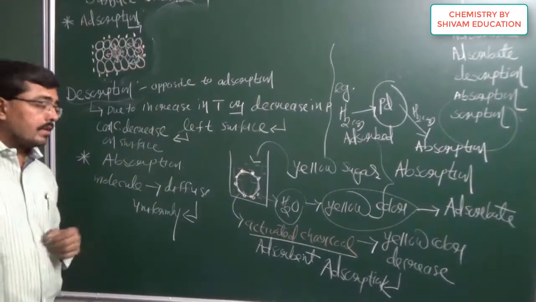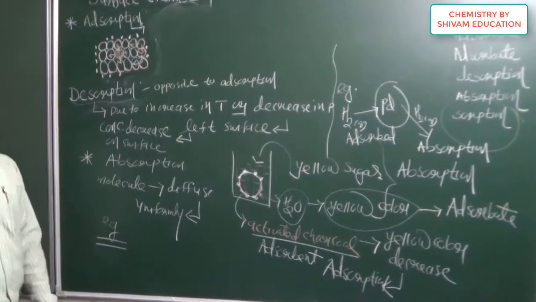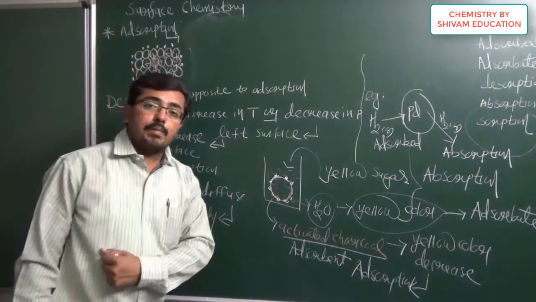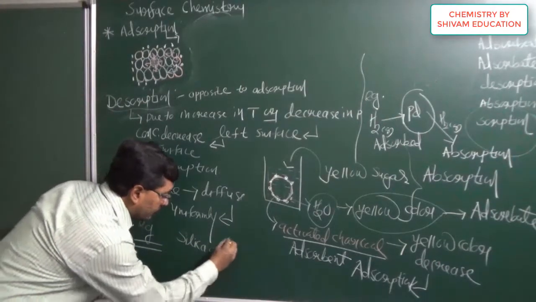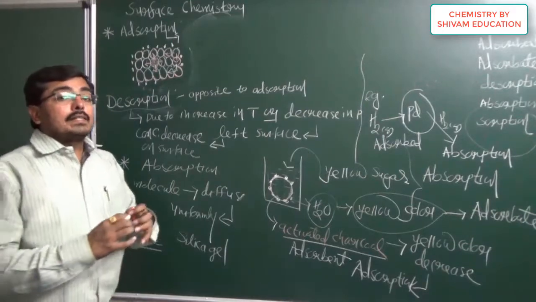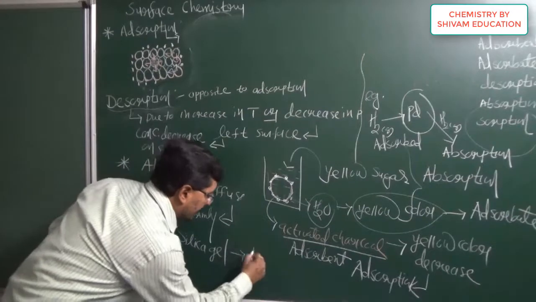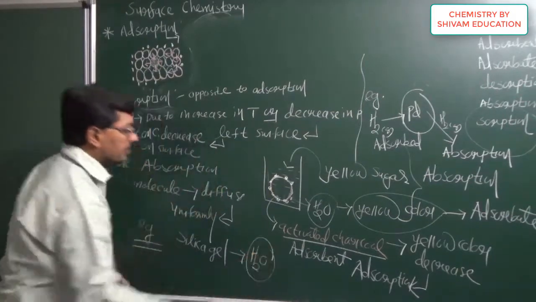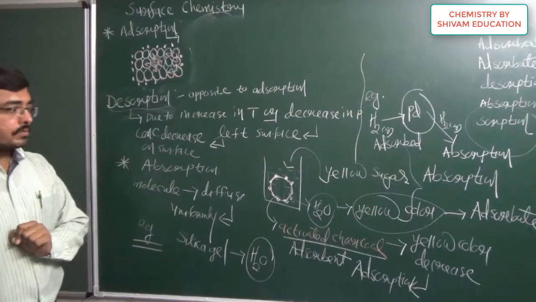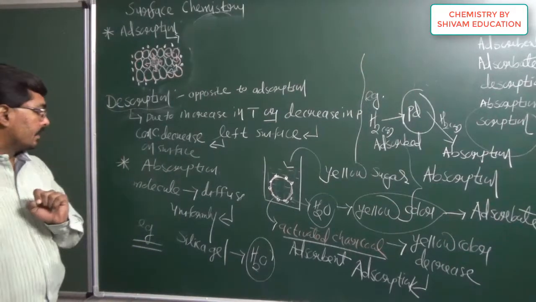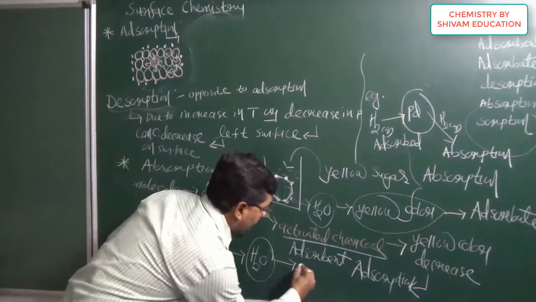Now one more example of the adsorption phenomenon. जब अभी आप नया कंप्यूटर परचेस करते हो या लैपटॉप परचेस करते हो तो आपको एक व्हाइट कलर का पाउडर मिलता है. This powder is nothing but silica gel. So when we take silica gel, it has a tendency to adsorb water molecules. On the surface of the silica gel, water molecules will adsorb.